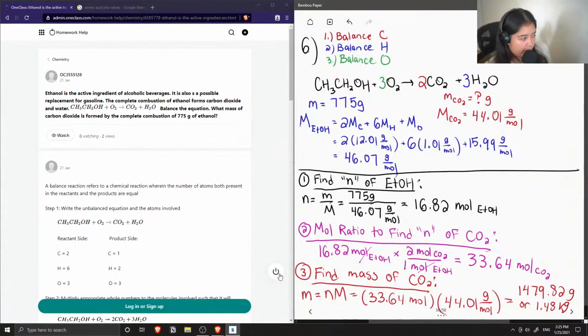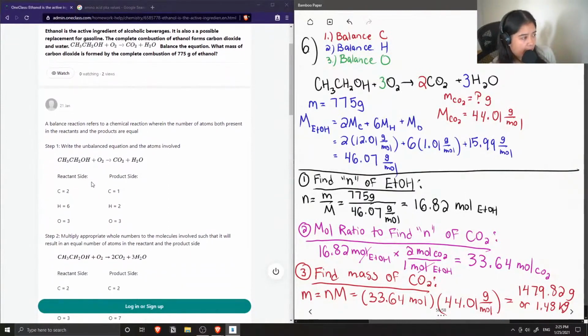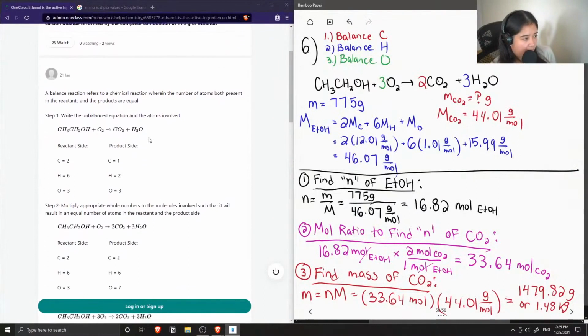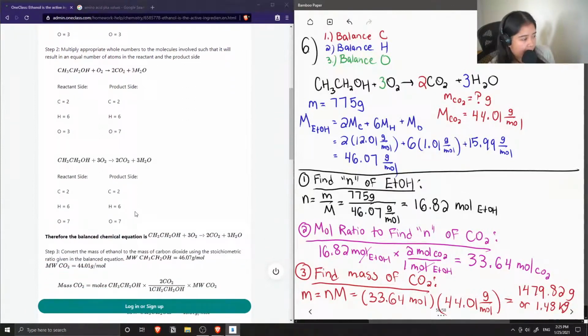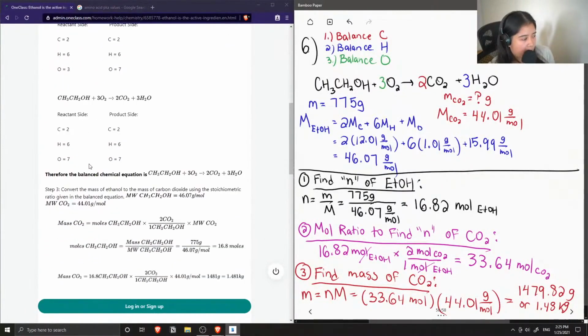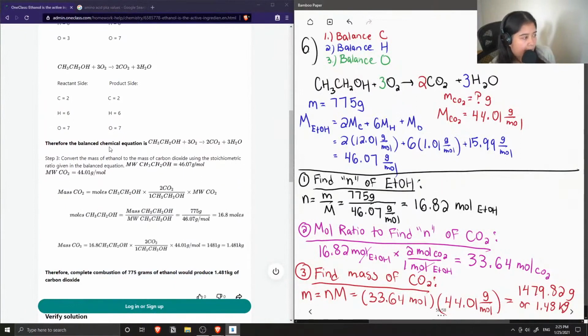Okay, now let's see what the junior tutor said. A balanced reaction refers to a chemical reaction wherein the number of atoms present in the reactants and products are equal. They summed up how many of each atom were on both the reactant and product side, showed it step by step, and found the balanced chemical equation to be the following, which is what I have as well.